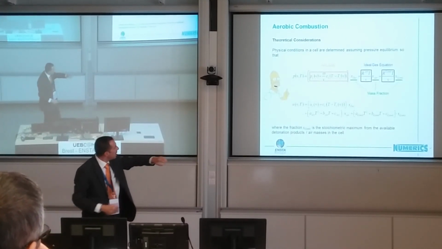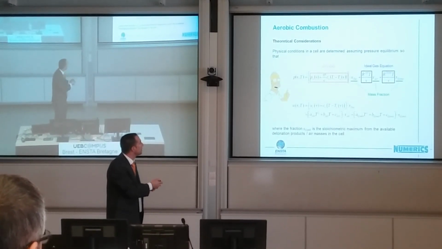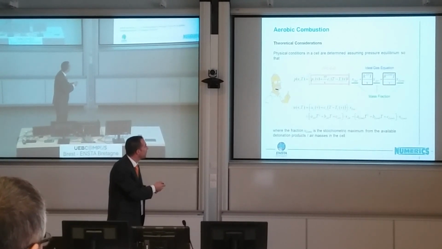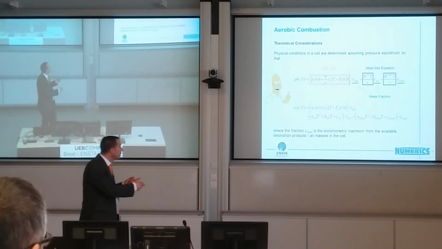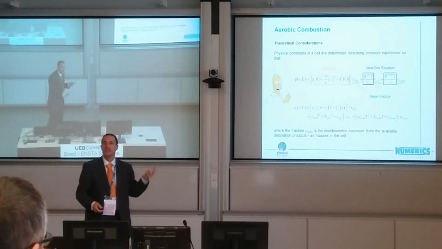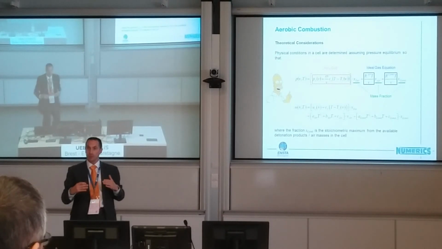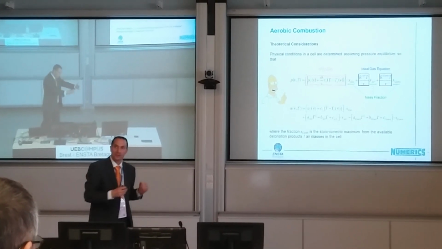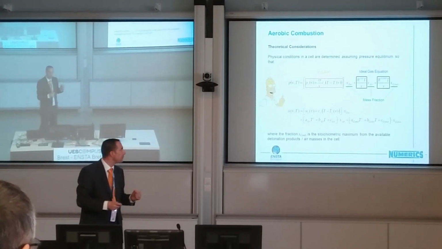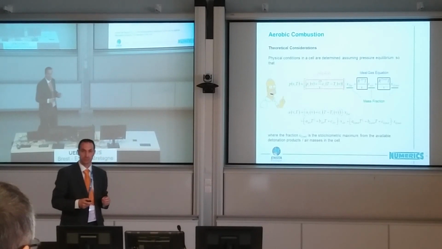And once we have gone through this equation, either the mass fraction of the detonation products, or the mass fraction of the air is zero, because either all available air is used up, or the available detonation products are used up and are converted into the combustion products.